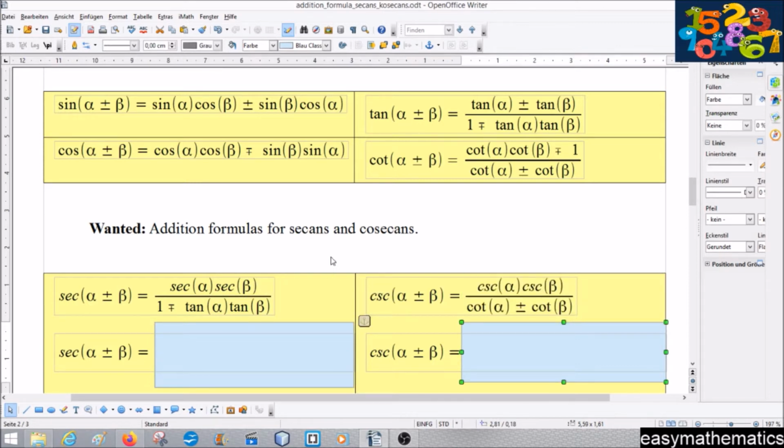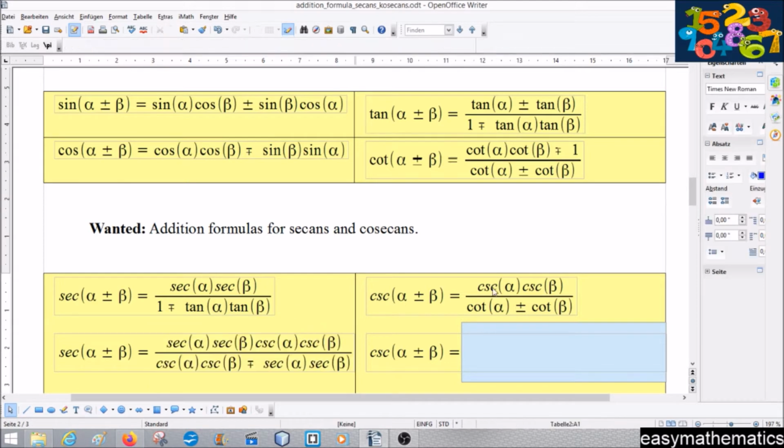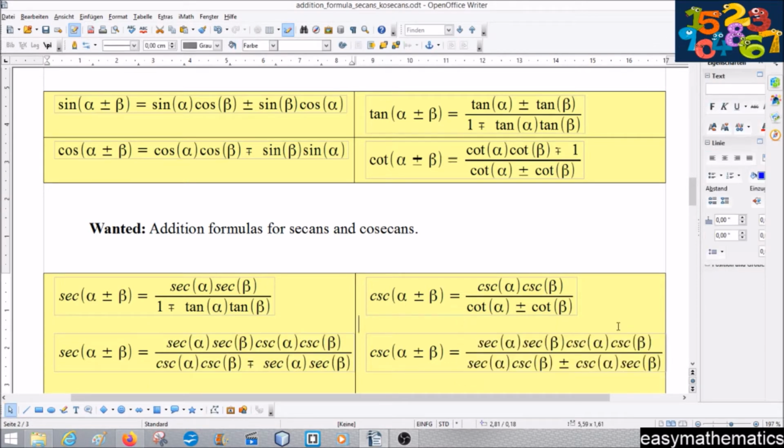And the second one, if you take a look, the sine and cosine addition formulas use sine and cosine. For tangent and cotangent, they use tangent and cotangent. So maybe it would be nice if we write the secants and cosecants also just in terms of secants and cosecants, and it looks like this.